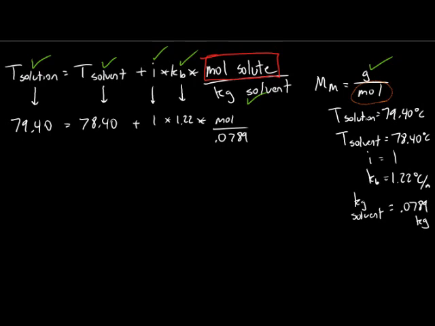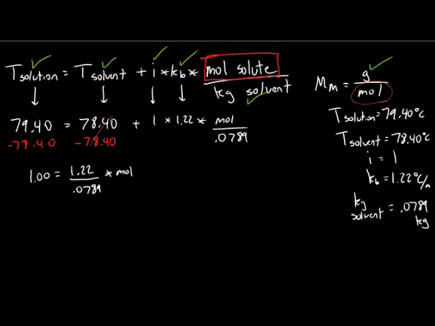To deal with the algebra in this problem, it may be easier to subtract 78.40 from both sides before we go any further. This will cancel out the 78.40, and then we'll subtract on the left side and get 1.00 equals 1.22 times moles. And for clarity, we'll move this 0.0789 underneath the 1.22.